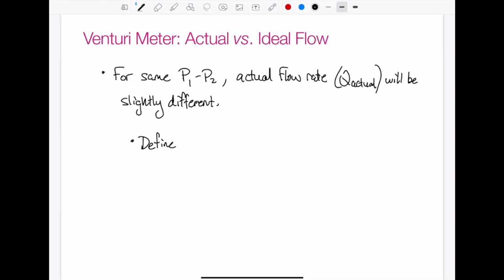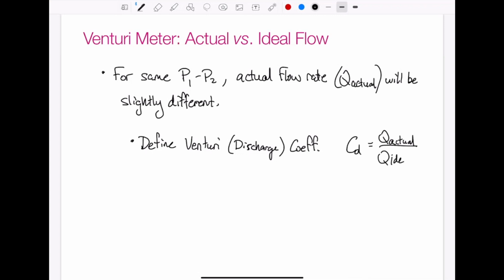So let's define a Venturi, or what they call in your textbook, a discharge coefficient. And that discharge coefficient CD is equal to our actual flow rate divided by our ideal flow rate.